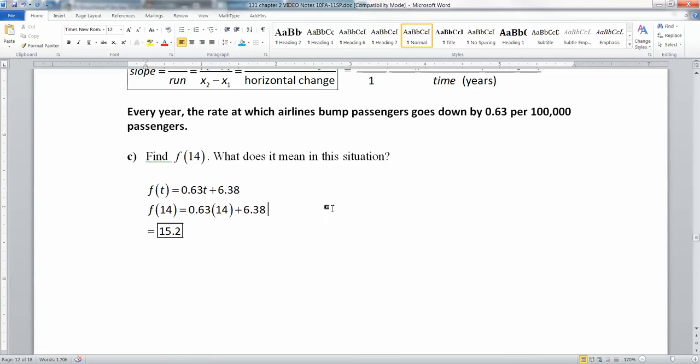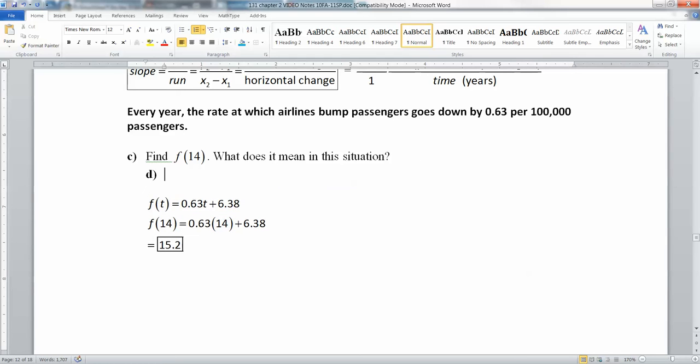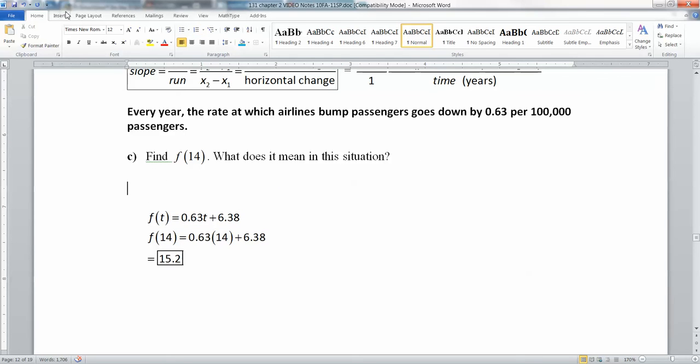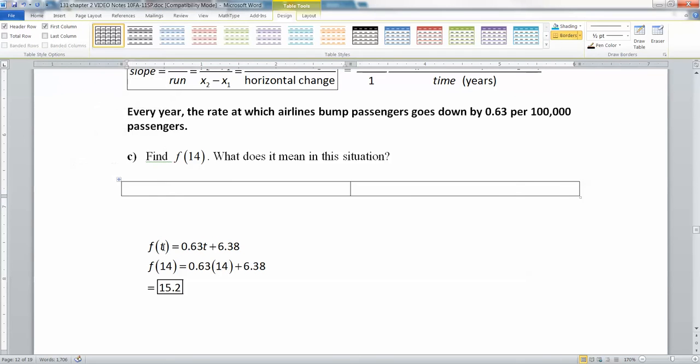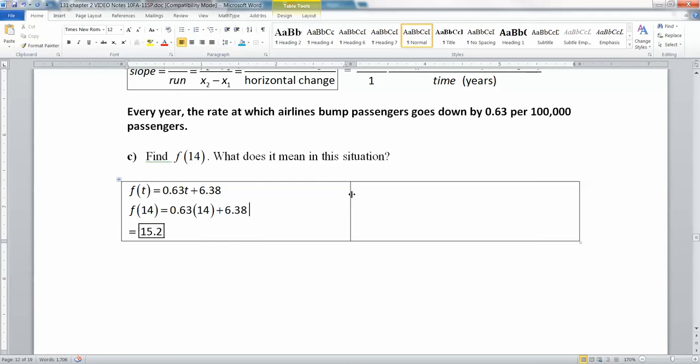Now, what does it mean? Well, be careful. You have two numbers that you have to interpret. Okay? You have the 15.2, but you also have the number that you put in to start with. You have to interpret both of them. So in what year? Right?